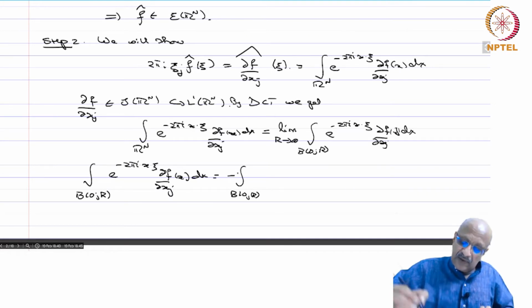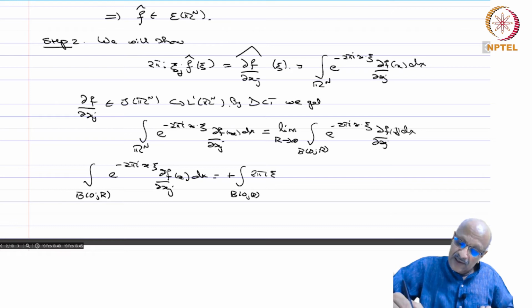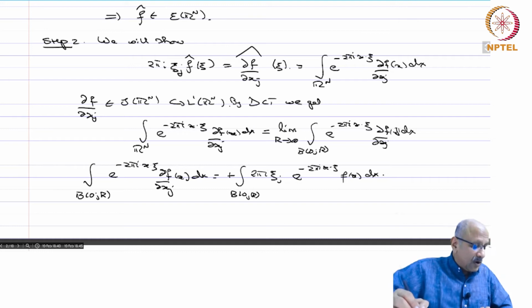You get a minus sign when you move the derivative to the other side, and when you differentiate the exponential you get 2 pi i and differentiate with respect to xj. So 2 pi i xi_j is what you will get, times e^(-2 pi i x·psi) f(x) dx.